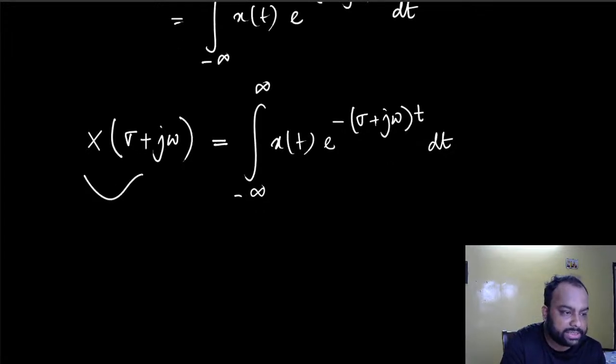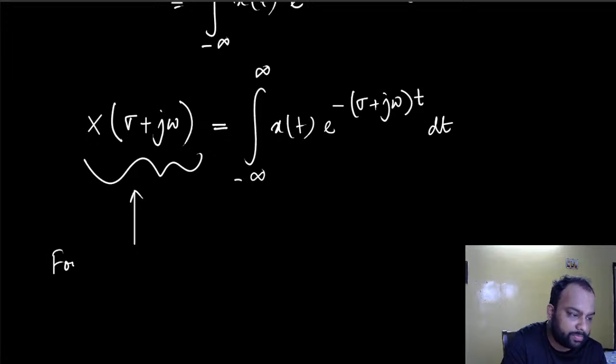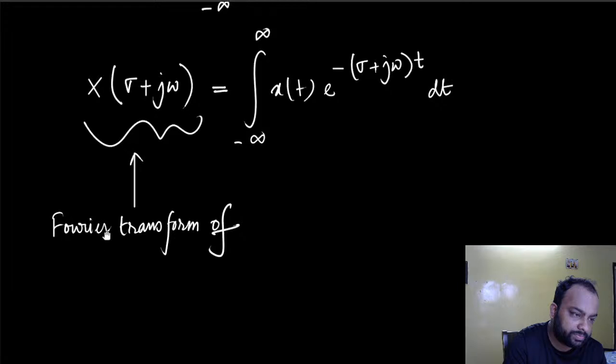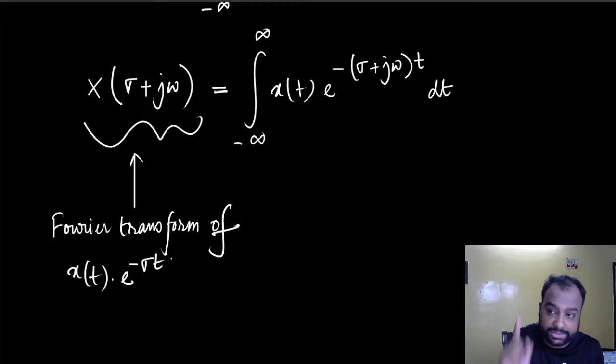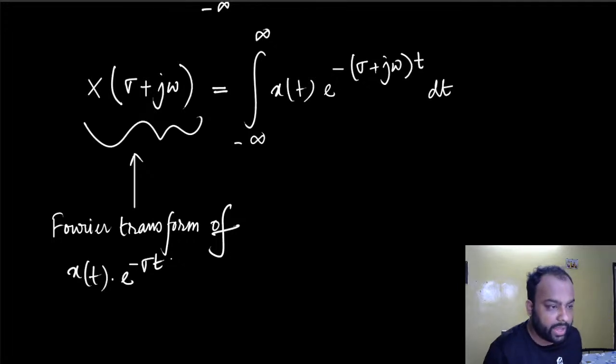So this is the Fourier transform of x(t) into e to the power minus sigma t. Once again, I cannot stress this enough: sigma is a suitable real number.